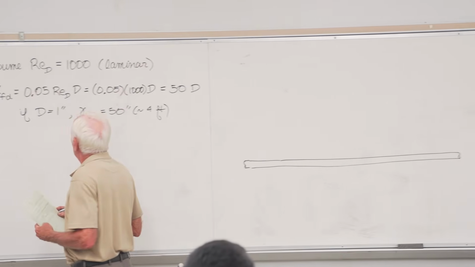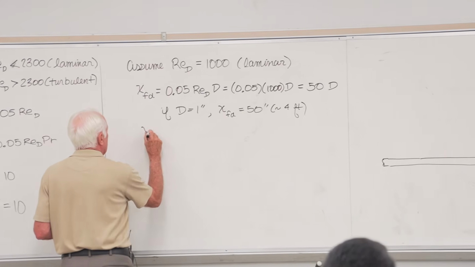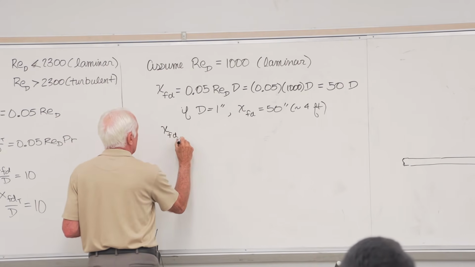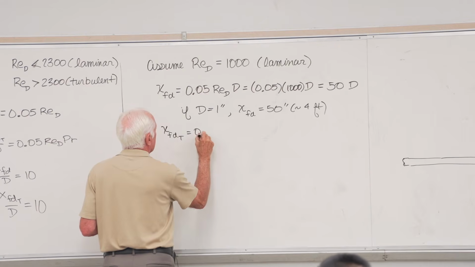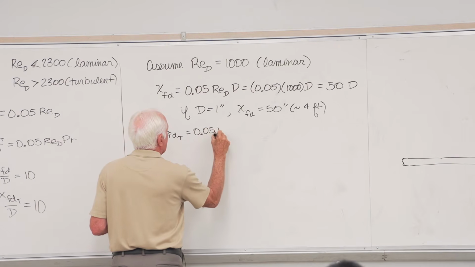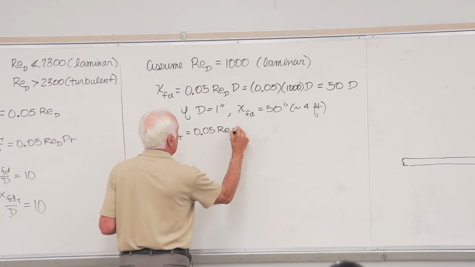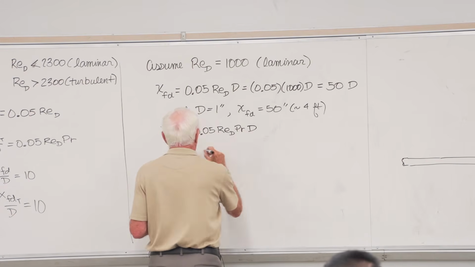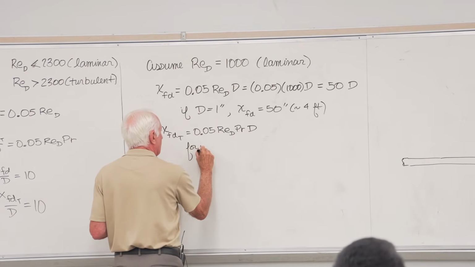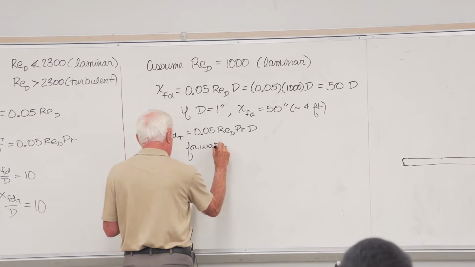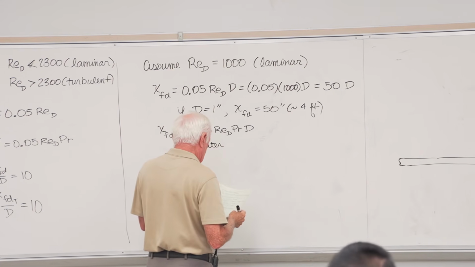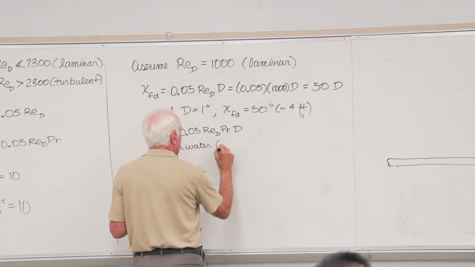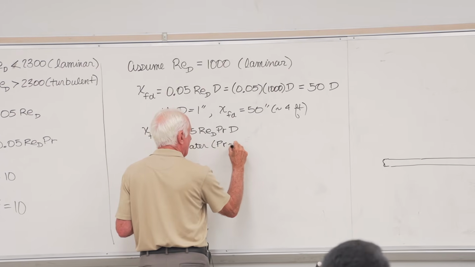Let's do the temperature one. X fully developed temperature. Let's take water. So I took water, Prandtl's 6 about.